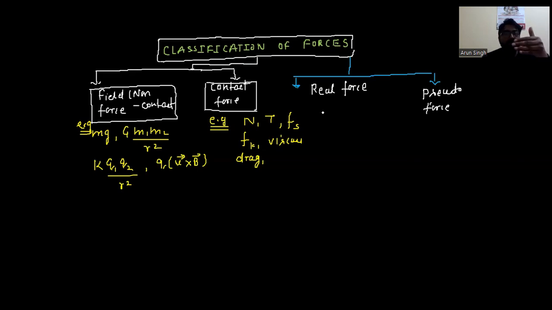And what is pseudo force? If you take yourself or the bus at rest, and the strips of the road are coming towards the bus, then those strips feel like they are in acceleration, so they have some force. This kind of force felt by the strips is called pseudo force.